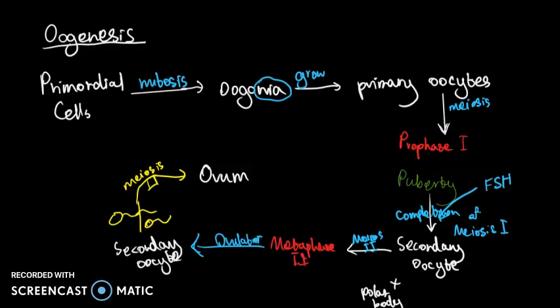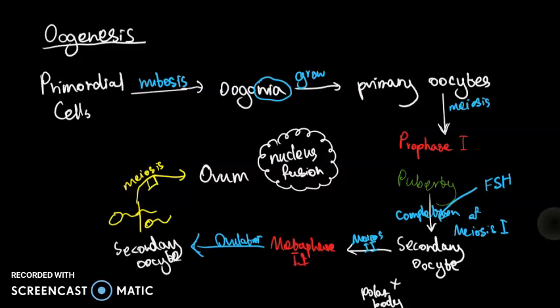With meiosis 2 being completed, we have this structure called the ovum forming. The ovum then has nucleus fusion, a combination of genetic material from the sperm and the egg. And that's how we get a zygote formed completely.